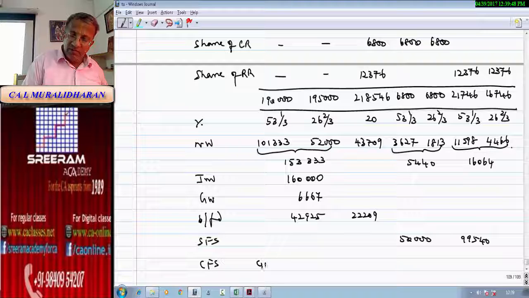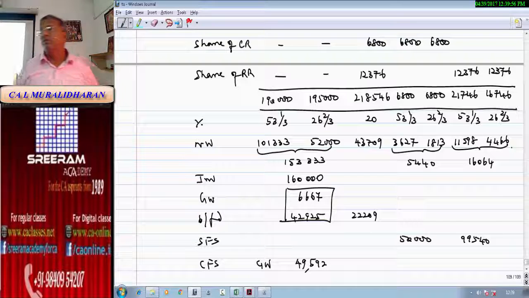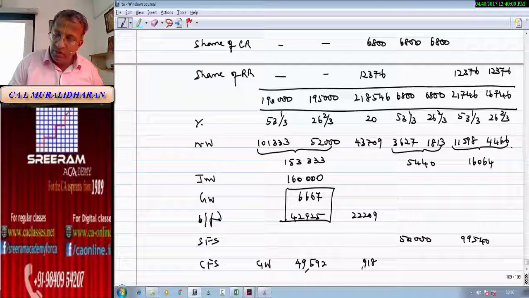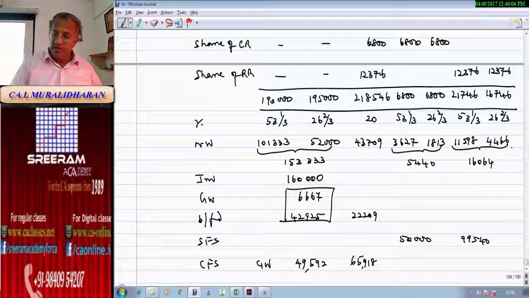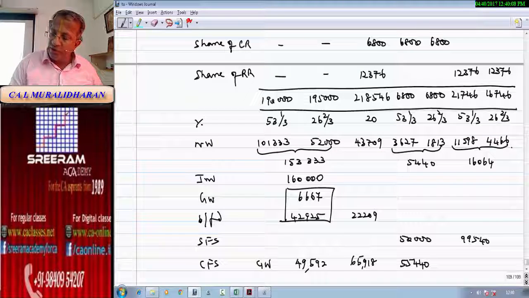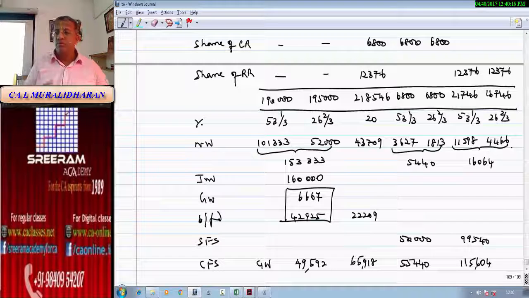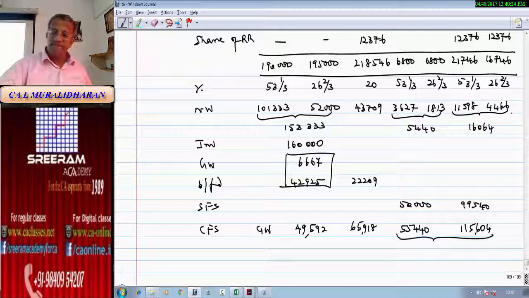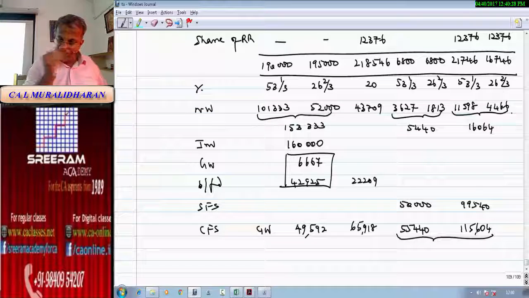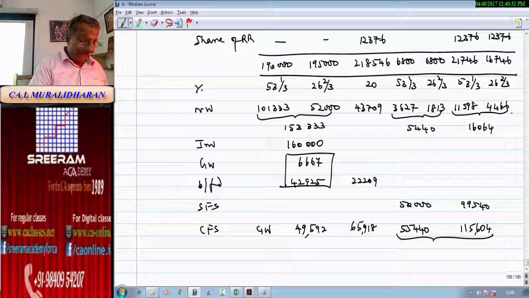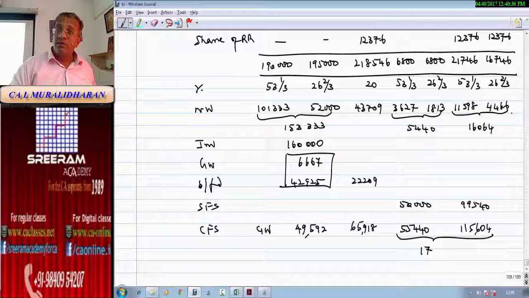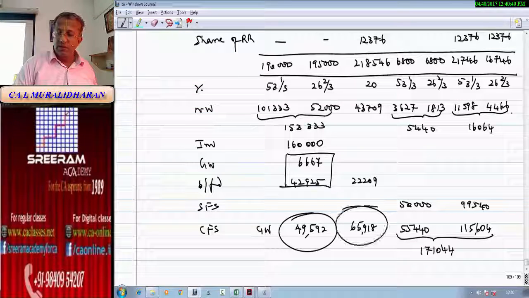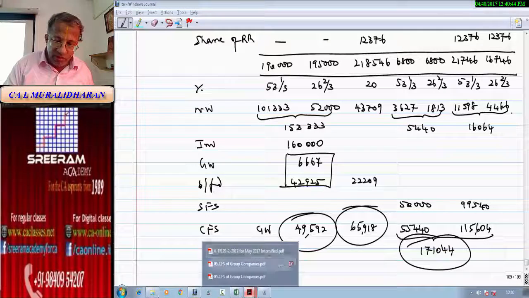So the CFS figures: goodwill 49,592, minority interest 65,918, and reserves 171,044. These are the three numbers we have to check with the institute study material.